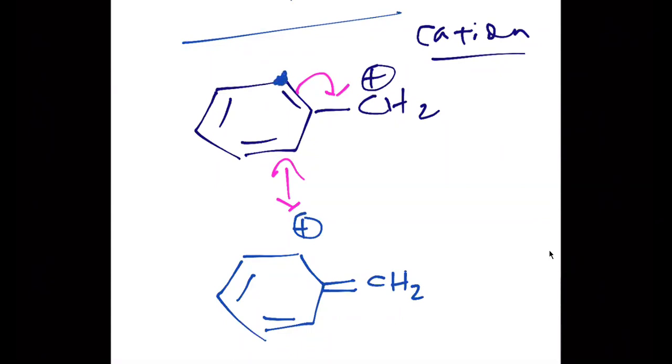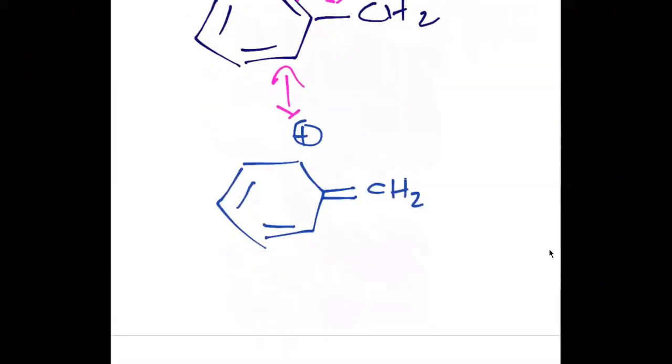And when I do that, that atom is going to become positive because I broke a pi bond from it. Anytime I take electrons away from an atom, that atom becomes positively charged. Is that okay? Yep. All right, let's do another.